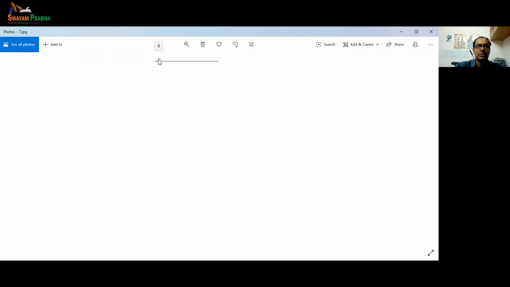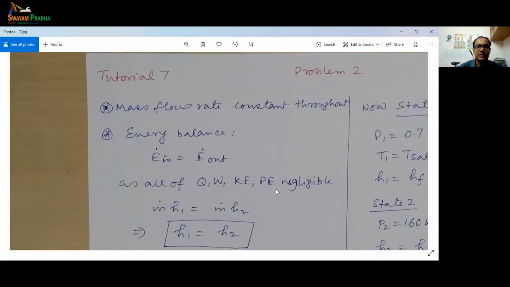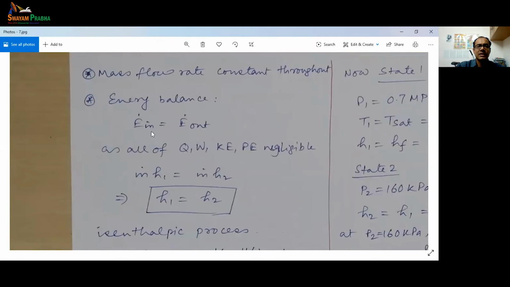Okay, so let's go to the steady flow process analysis. Mass flow rate is constant throughout, so that automatically satisfies the mass balance. Next, the energy balance is again whatever is coming in has to go out.